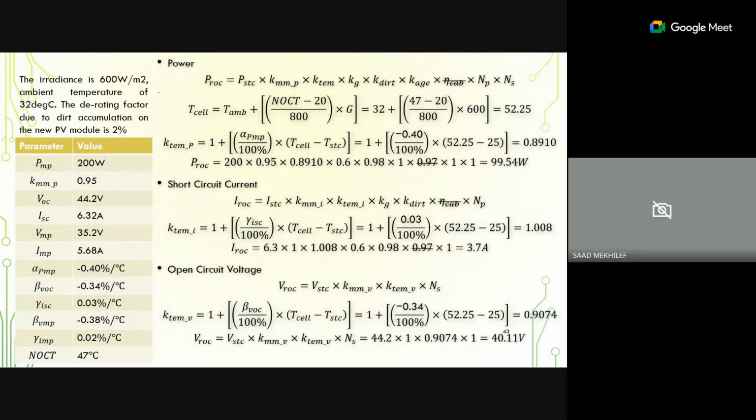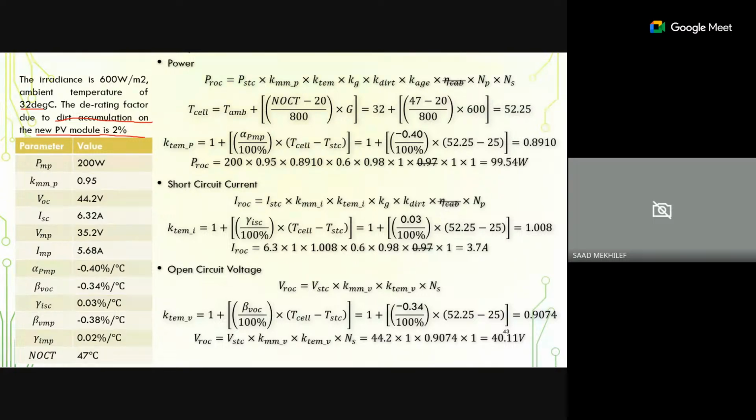So the irradiance is around 600 watt per meter square, with an ambient temperature of 32 degrees. The derating factor due to dirt accumulated on new PV modules is around 2%. What does it mean? It means we have to derate due to the dirt.